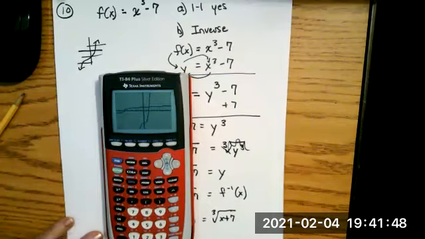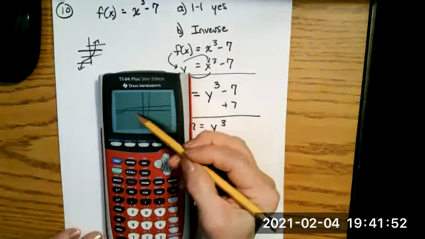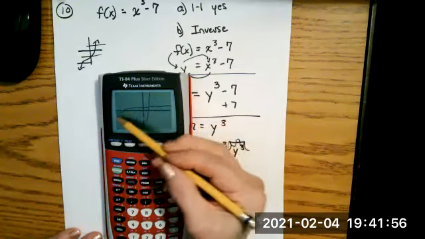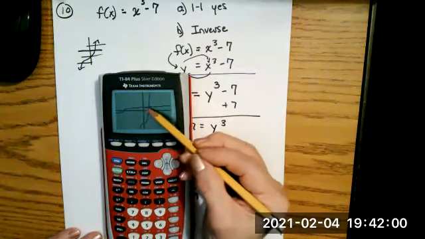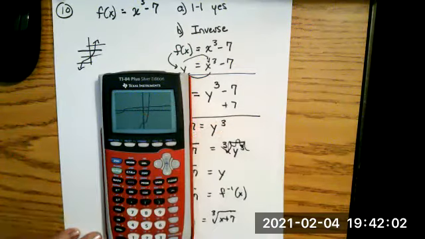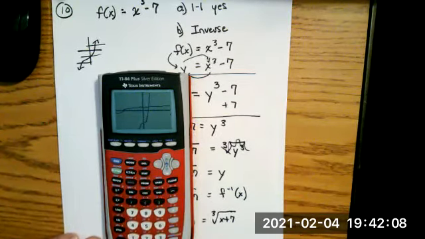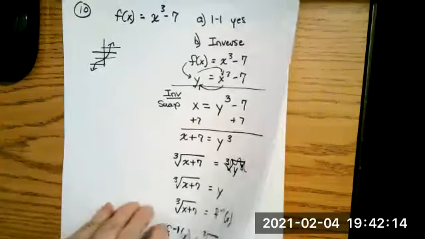And see, look, they cross right here. There's a line that goes through here, x equals y, and they're reflected across it. So it's like a mirror right here, and one is the reflection of the other. Isn't that cool? I think that's cool. Okay, let's do number 11.